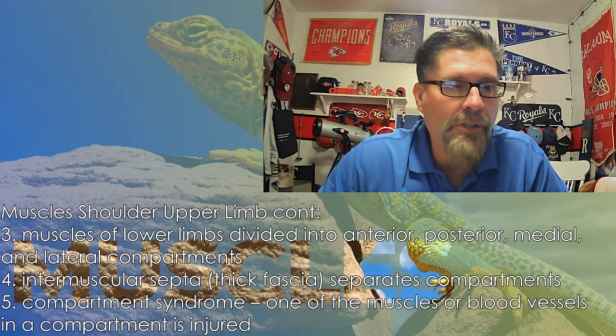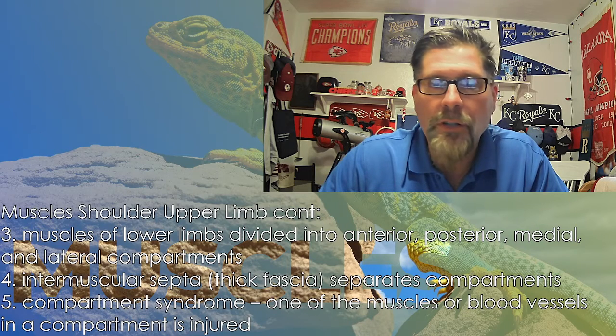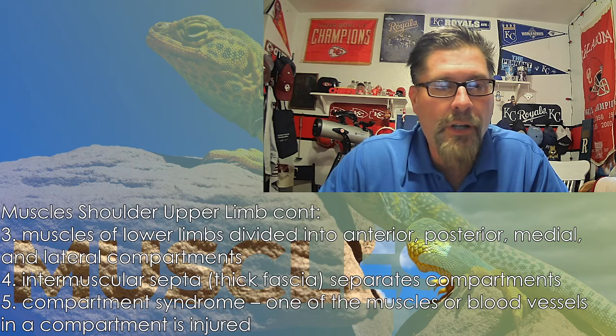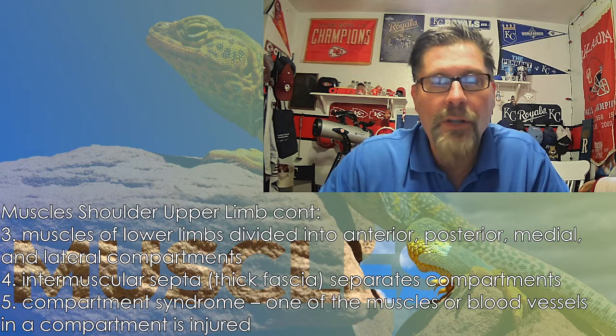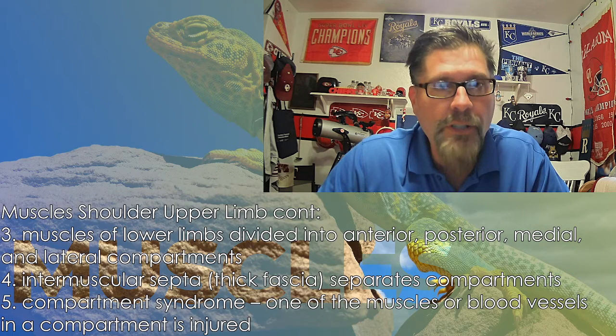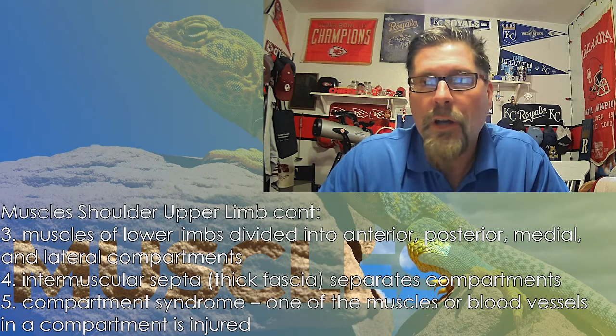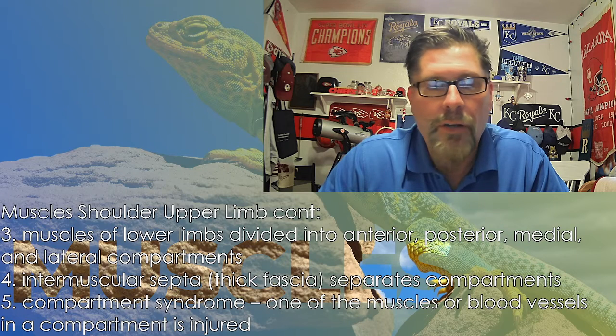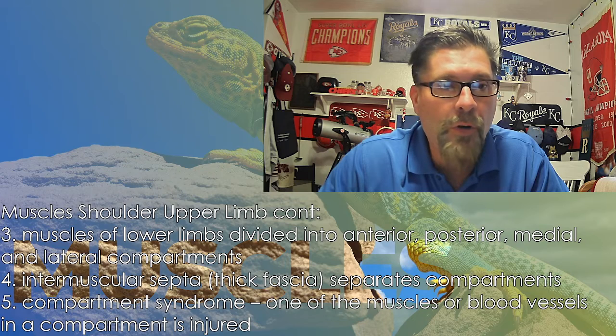When muscles are injured, the body does things naturally. For one, it just floods the area with fluids and things to help regenerate. But therein lies the problem. If the injury is severe enough to a muscle, and that area now is flooded, it's only got so much room.